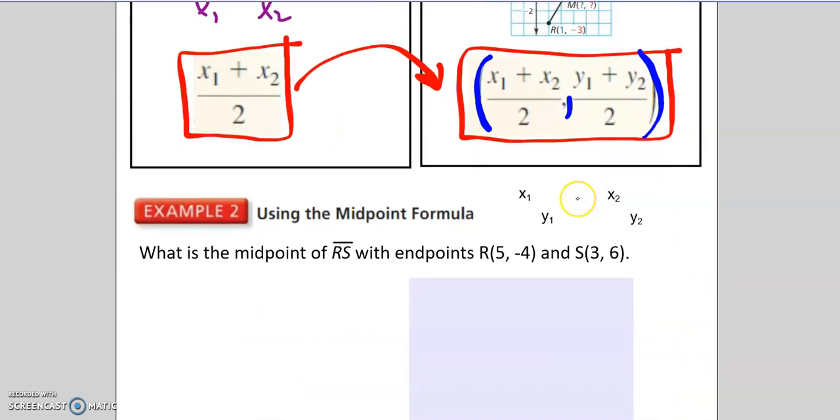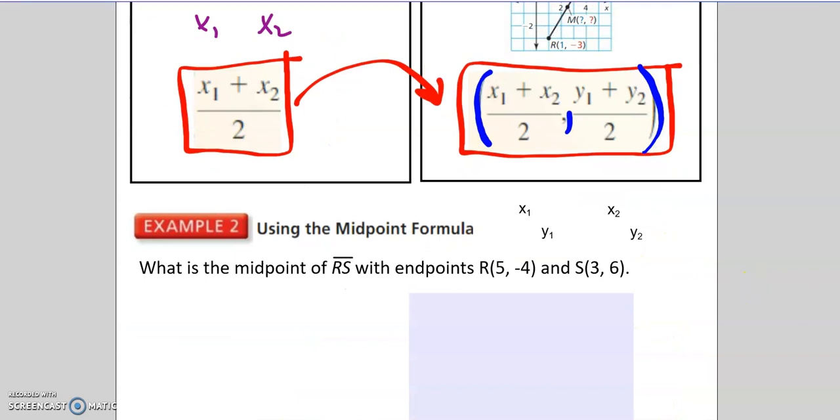Let's do an example. All right, here's our first example. It says, what is the midpoint of line segment RS with endpoints R is (5, -4) and S is (3, 6)? So which formula am I going to use? This one on a number line or this one on a coordinate plane? Hopefully you're leaning towards this one right here, guys.